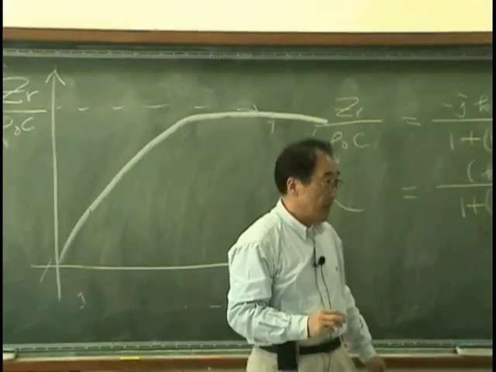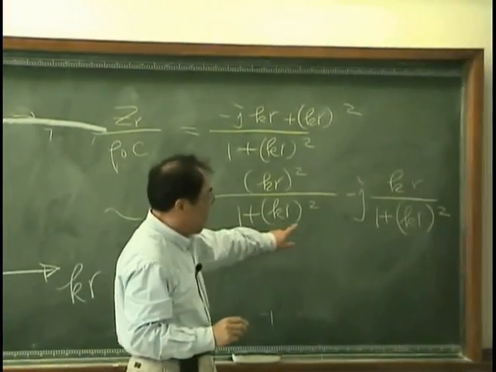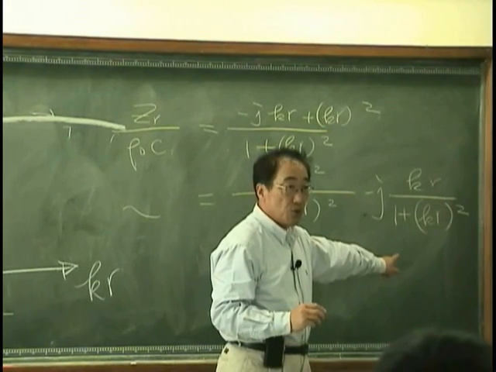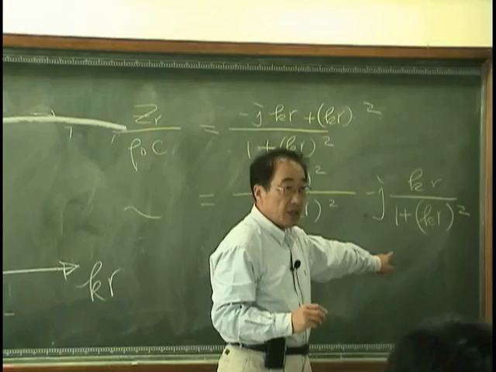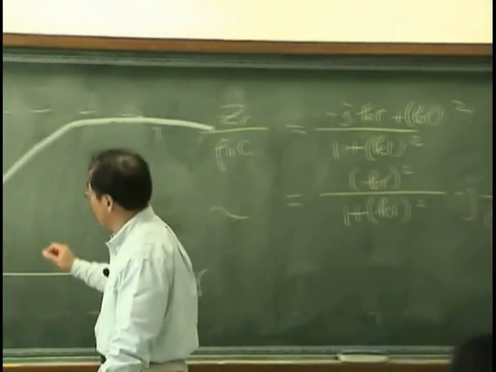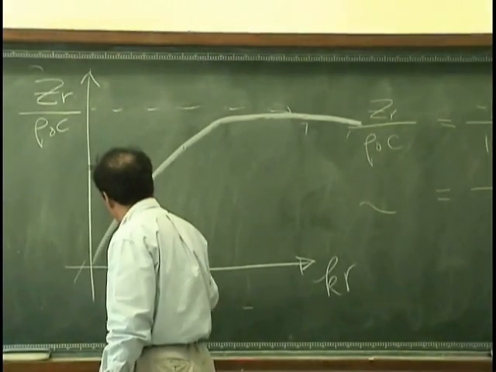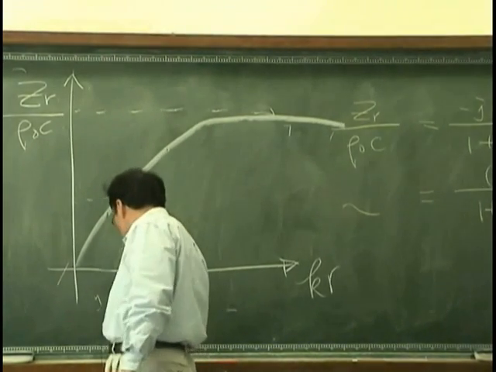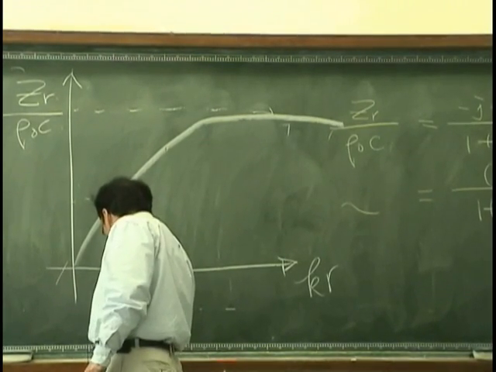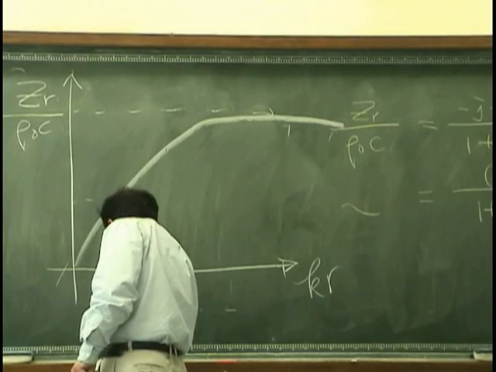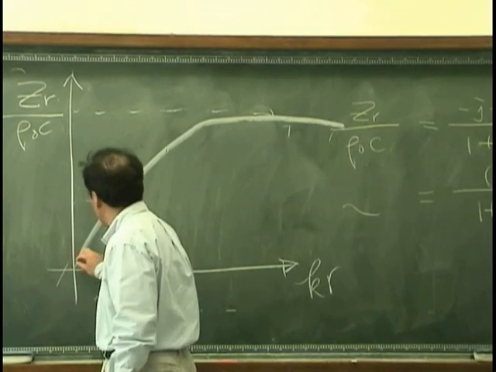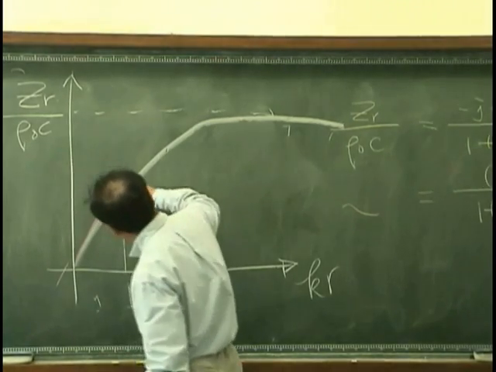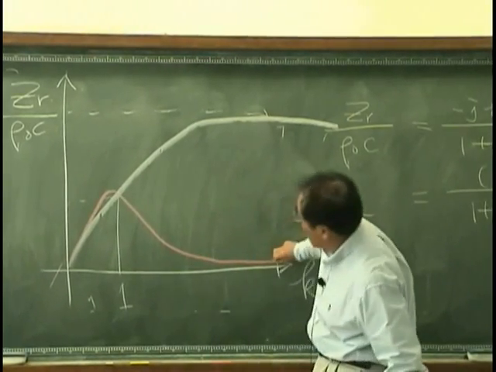Okay. The imaginary part and real part has the same value when Kr equal to 1. That is 1/2. And the imaginary part looks like this.